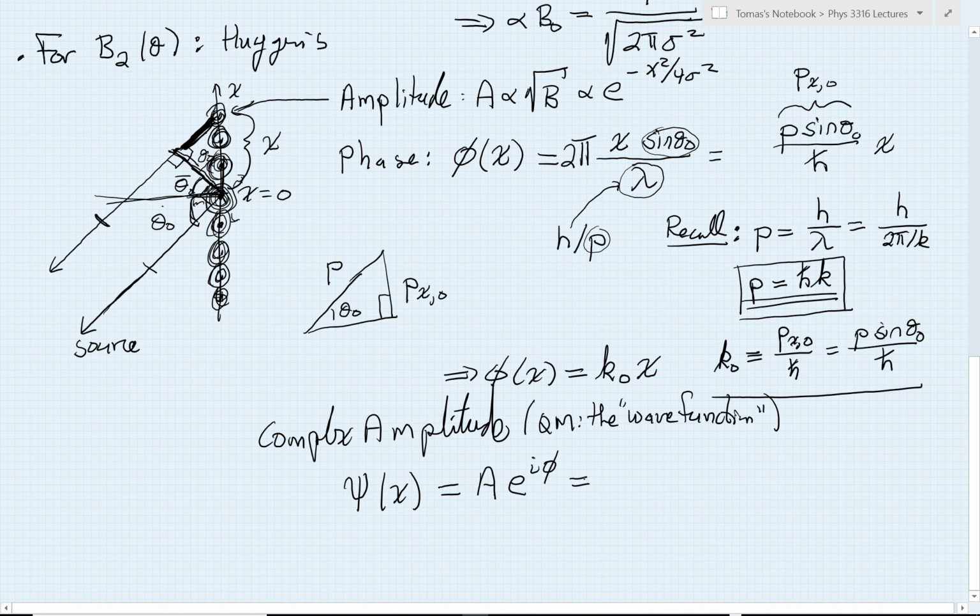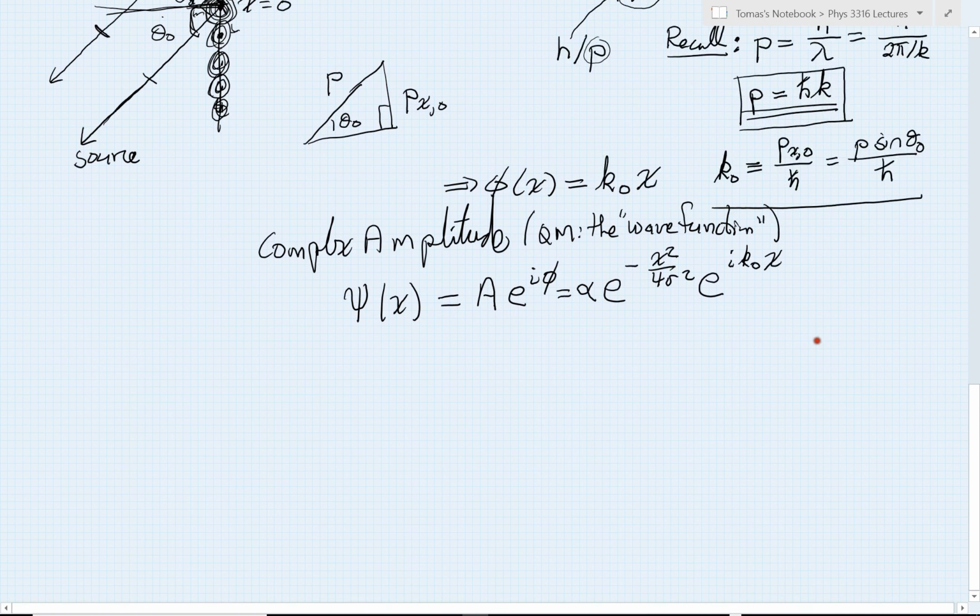And the actual amplitude we know only up to this proportionality constant to be e to the minus x squared over 4 sigma squared, just as I've indicated to you up here. And then the phase is e to the i, and the phase was just this k naught, which we've just defined, times x. So that gives me my wave function. It's just proportional to this quantity. Maybe even better, I will write it as equal to some proportionality constant alpha times that quantity.